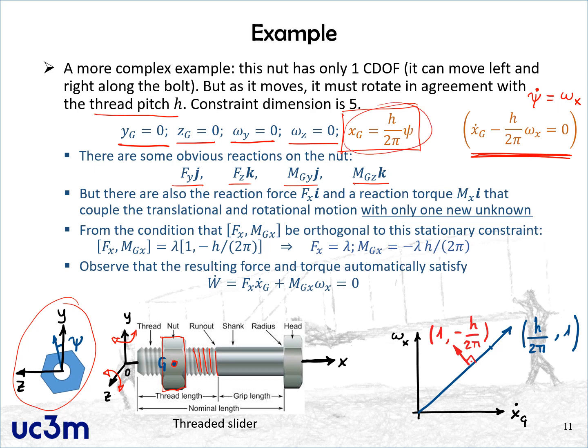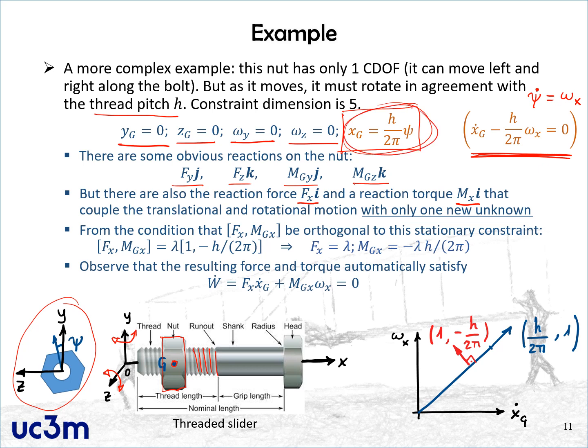Now we can perhaps imagine that this reaction must involve a force in the x direction, but also a torque in the same direction, because these are the directions or the types of motion that are constrained by this equation.